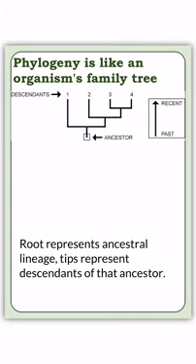So we've got our common ancestor back here, and then these are going to be those descendants. As you move from the roots to the tips, you are going from the past to the most recent.